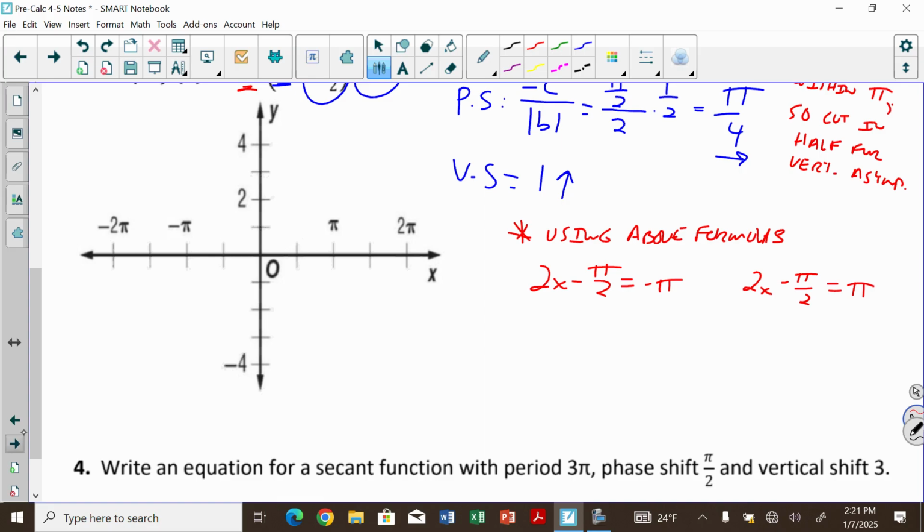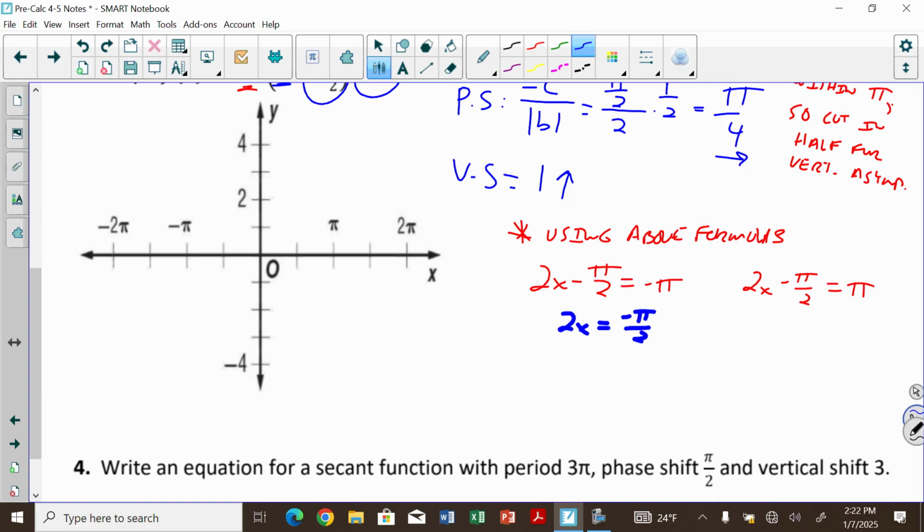essentially, if I add pi over 2 here, I'm going to have 2x equals negative pi over 2.